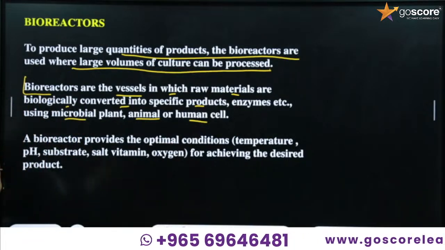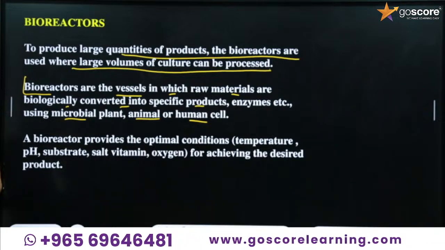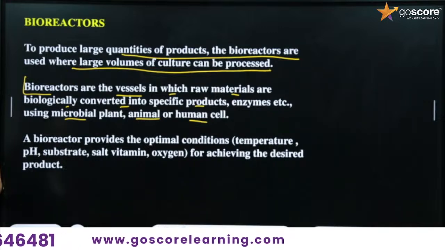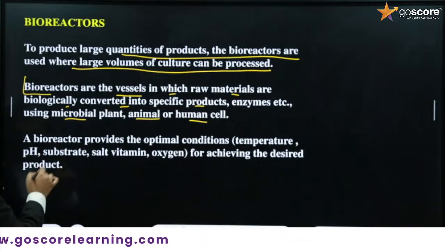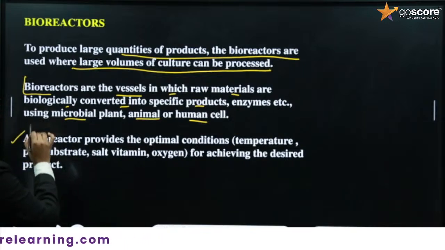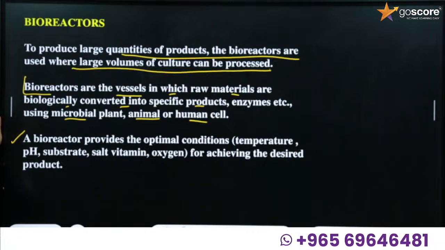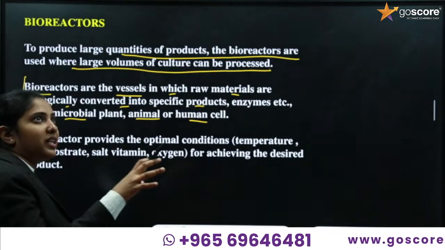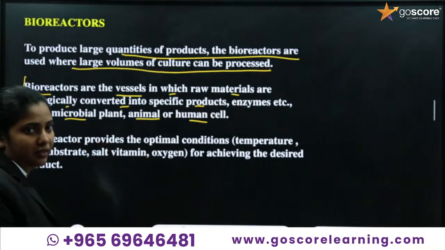The substrate is converted into specific products, and this can be done with the help of microbial, plant, animal, or human cells. A bioreactor provides the optimal conditions, such as temperature, pH, substrate, salt, vitamins, and oxygen, for achieving the desired product. We have to get a particular product, right? So to get that product, all the optimal conditions are given in these bioreactors.